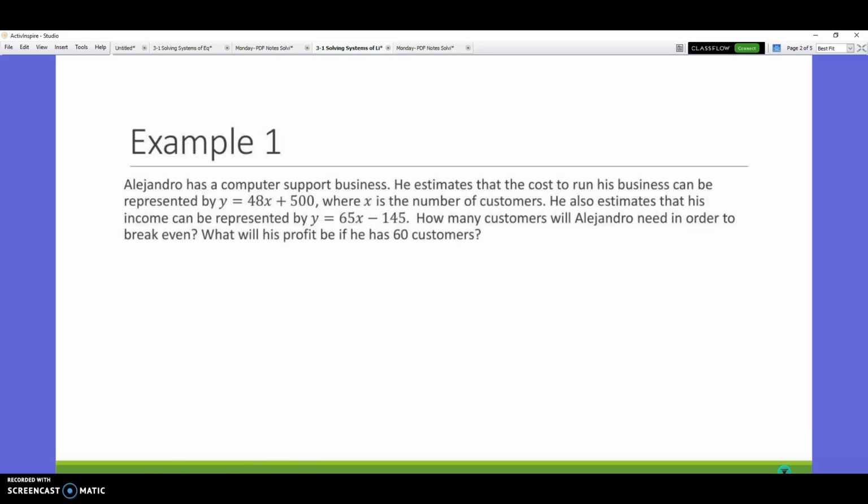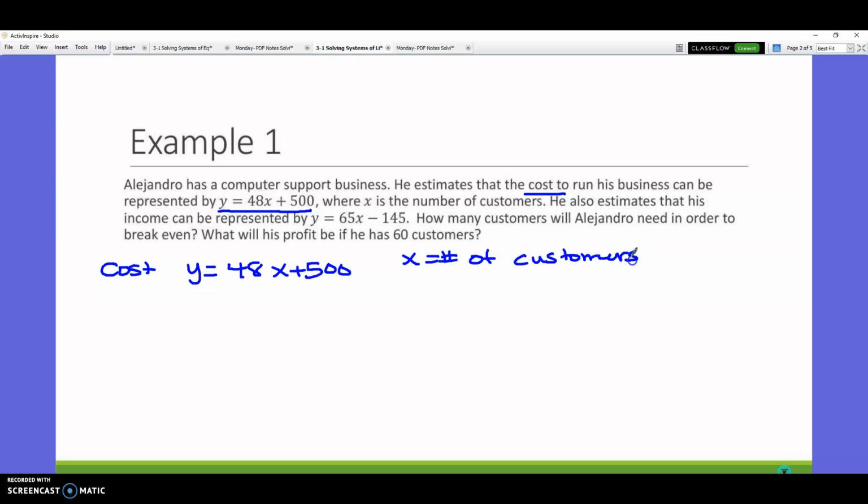So now let's go back and figure out what's important here. He has a support business. The cost to run his business is represented by this, so this equation represents the cost. The cost equation is y equals 48x plus 500, and x equals the number of customers, and y represents the cost.